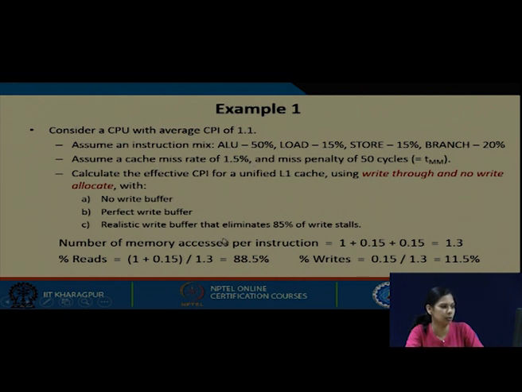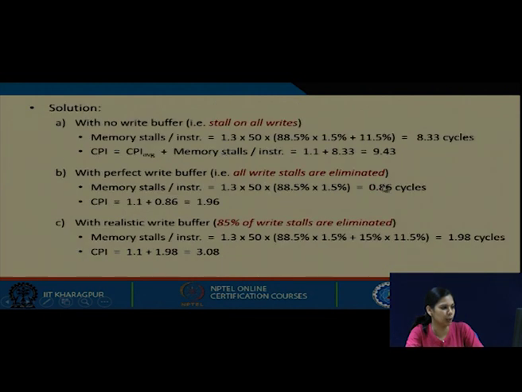We have to multiply these only, and we are not considering anything for the write. In the previous case, we considered this 11.5%, but here we are not considering that. So, this is coming to 0.86 cycles. So, the CPI, when we have a perfect write buffer, is 1.1 plus 0.86, which is coming to 1.96.